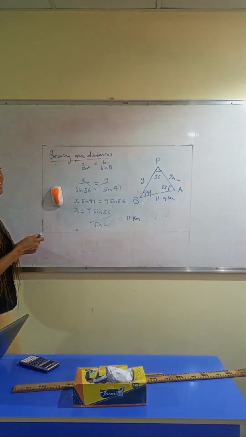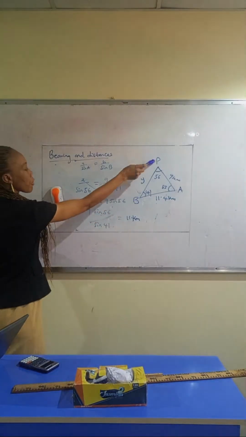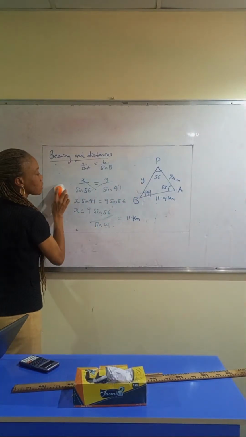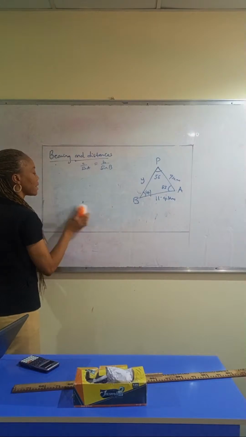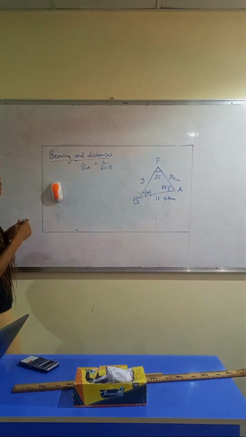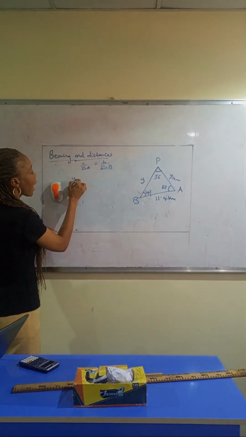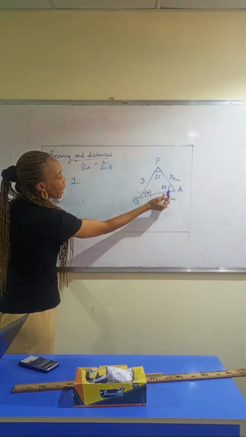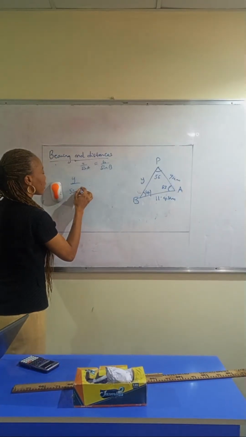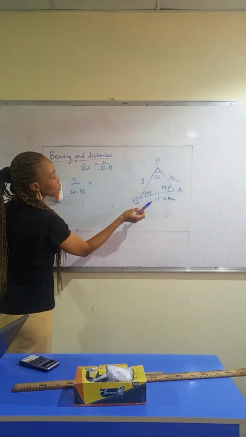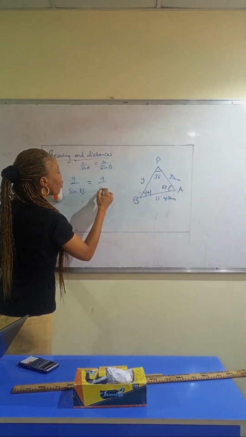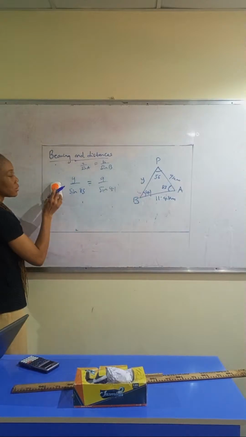So let's get the distance of B from P, which is y. If we want to get that, we can use any of the distances. You say y over sine 83 is equal to 9 over sine 41.